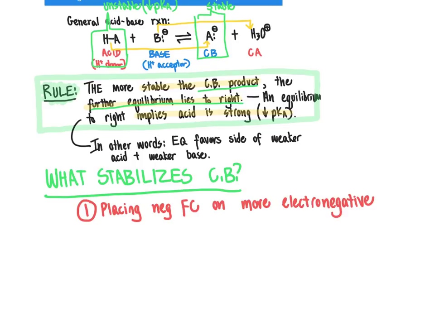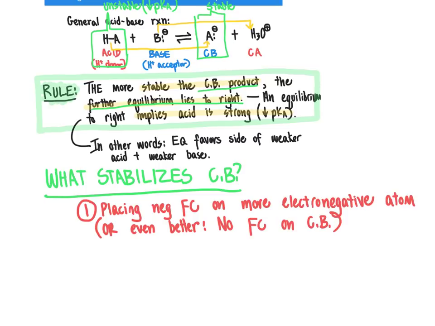Even better than having the negative formal charge on a more electronegative atom is having no formal charge. So in some cases you can create a conjugate base that has no formal charge. And if we can create a conjugate base that has no formal charge, that's going to generally be more stable than situations where the conjugate base does have a formal charge.